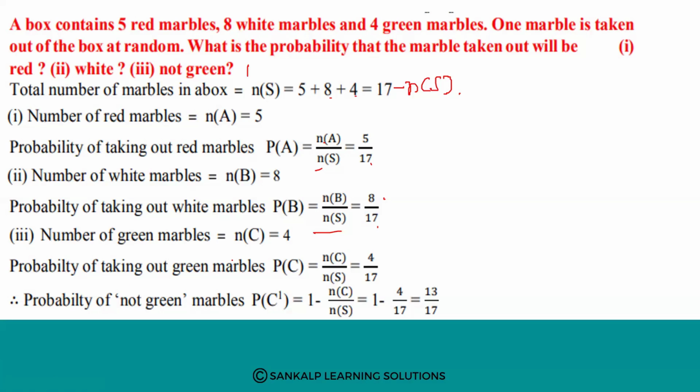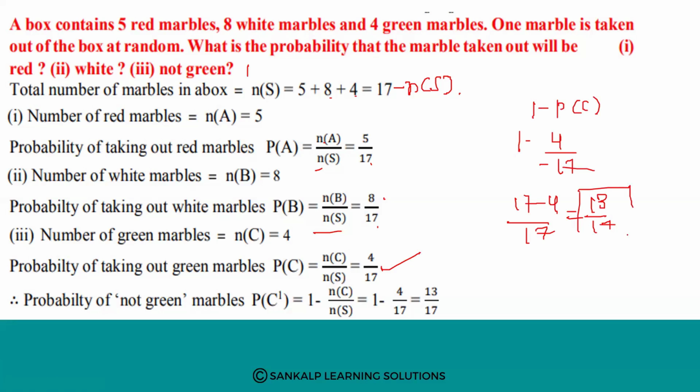That means 4 divided by 17 is the probability of getting a green marble. Not green means 1 minus P of C. So 1 minus 4 divided by 17, where 17 is the LCM. So 17 minus 4 divided by 17, that is 13 divided by 17, is the probability of taking not green marbles. Right?